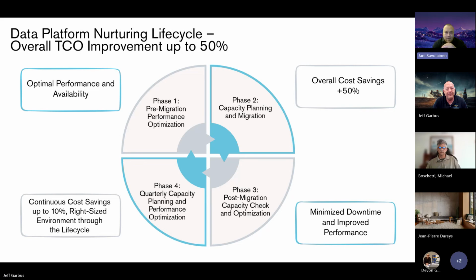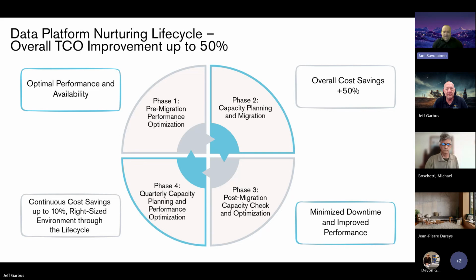Yeah, thank you, Jeff. Exactly. So the data platform life cycle is basically a cyclic process. It's recurring, whatever the cycle is, from 1 year to 5 years. And to get the optimal performance and availability in the beginning of the migration of the data platform, transitioning to the cloud or renewal or anything like that, there is an important step, which is pre-migration performance optimization.